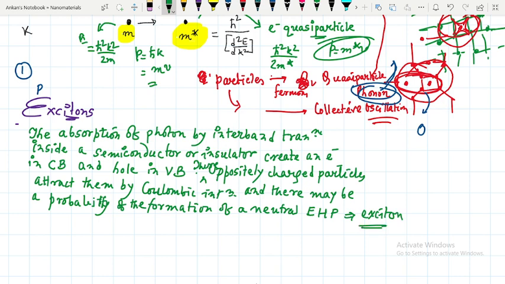So what we have said is that this is the conduction band, which is separated from the valence band by the band gap energy Eg.